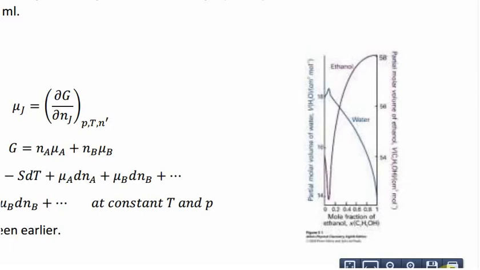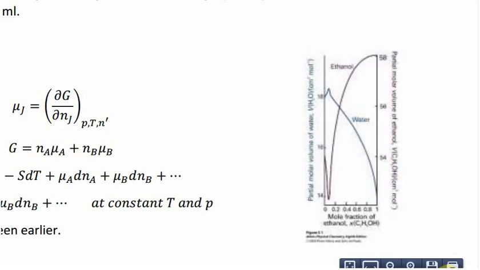This should be 18, I guess, because that's for pure water. That's 0 mole fraction of ethanol. So that's pure water, and the molar volume of water is 18 mil, and that should be 14. Because when you have pure ethanol, then the partial molar volume of water is 14, and then it keeps on increasing.